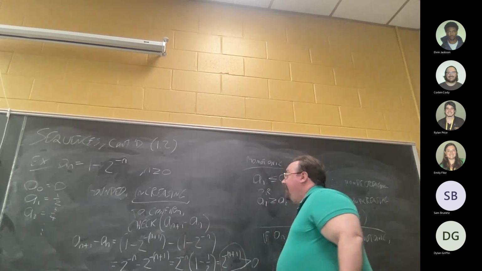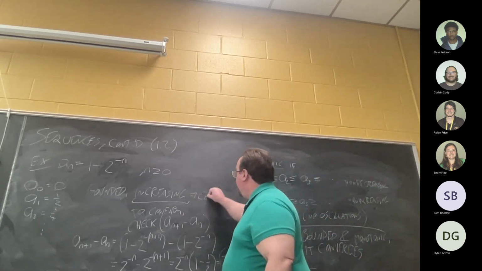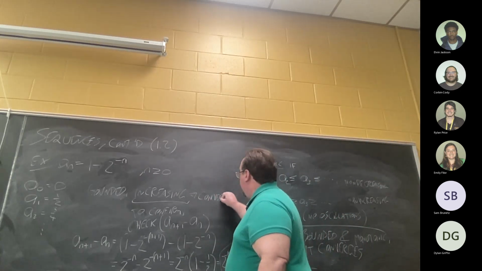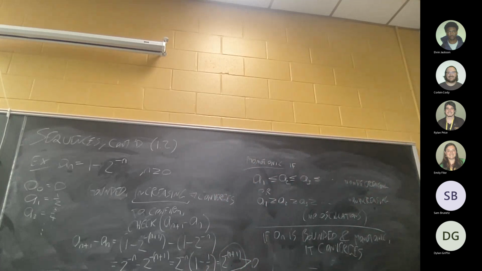Because it is bounded and increasing, we can conclude right away that it converges. Now, that doesn't say anything about what the limit is. We still have to figure that out.